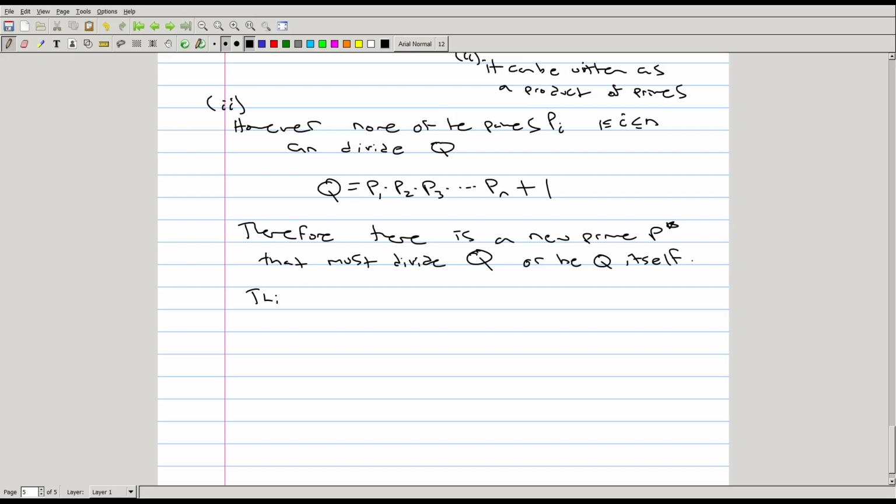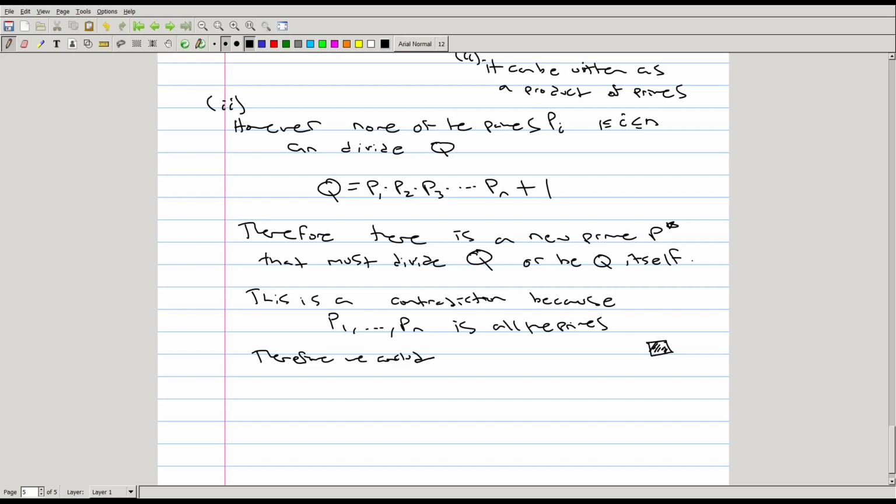This is a contradiction because the listing P1 through Pn was supposed to be all the primes. Right, so therefore we conclude that there are infinitely many primes.